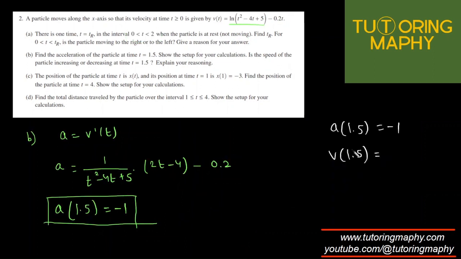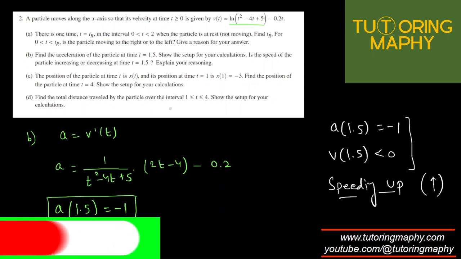So we know that the velocity at 1.5, whatever that value is, we are not interested, is negative for sure. And if the acceleration and velocity are of the same sign, then the particle speeds up. So the speed of the particle is increasing at t equal to 1.5, because acceleration and velocity are of the same sign.